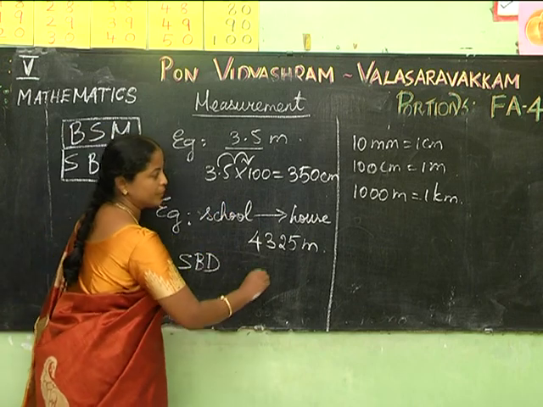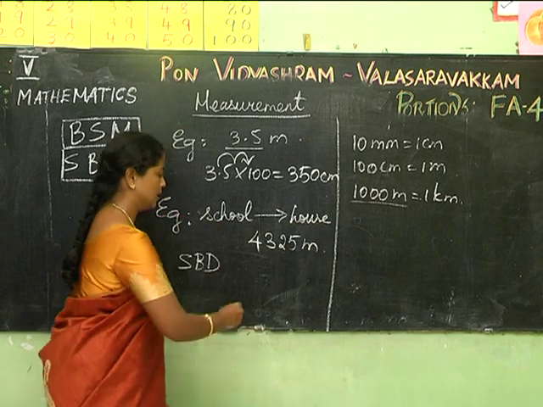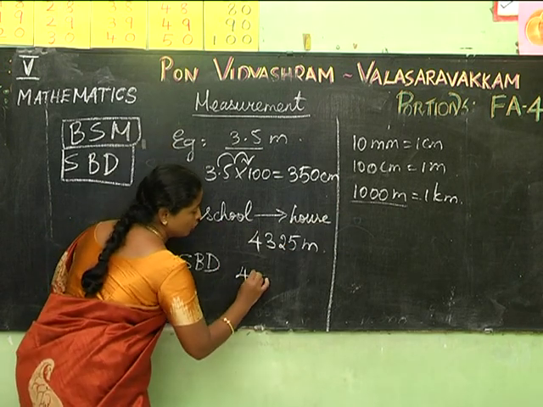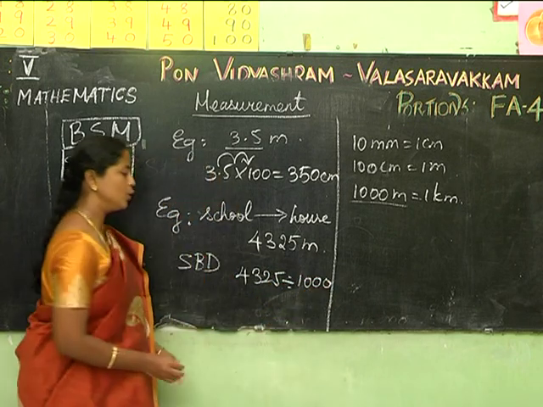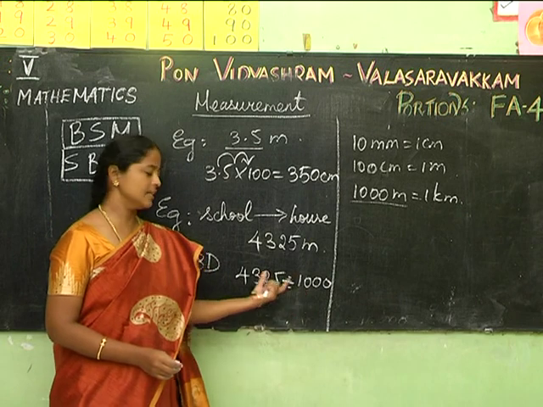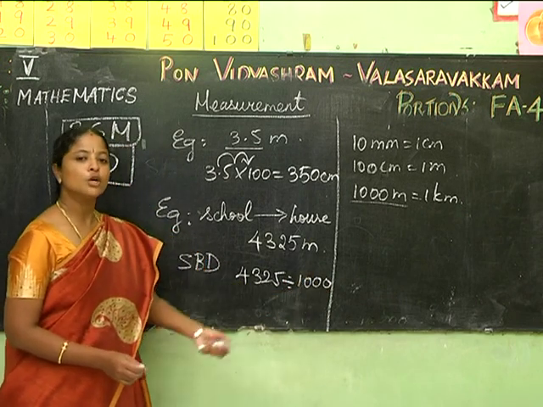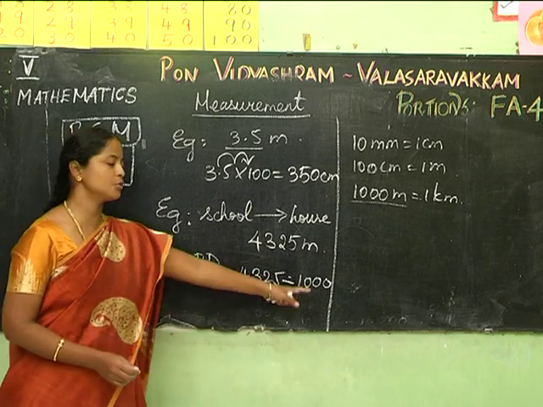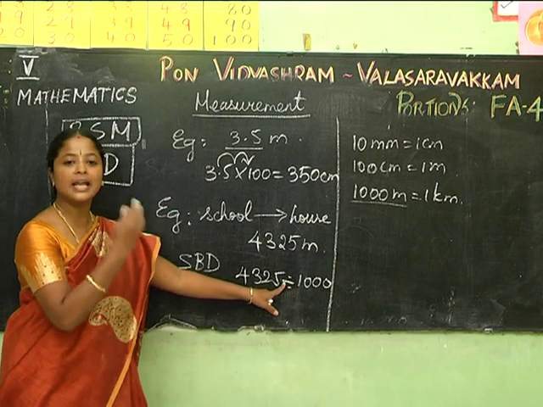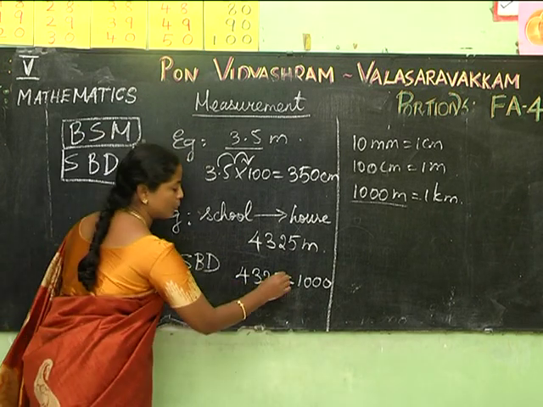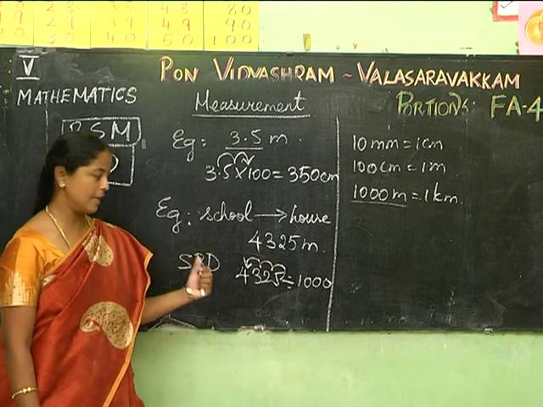So what is the relationship between meter and kilometer? 1000 meter is equal to 1 kilometer. Now I have to divide 4325 by 1000. We know that whenever we divide a number by 1000, the decimal point moves towards the left according to the number of zeros. Now the decimal point in a whole number is at the extreme right. So the decimal point from here moves 3 places towards the left.